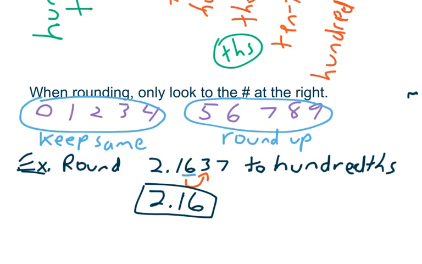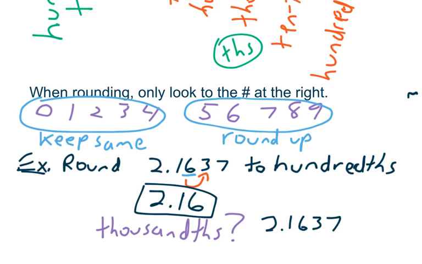Now if we were rounding that same one to the thousandths place, then I would write my 2.1637 down again. And it goes tenths, hundredths, thousandths.